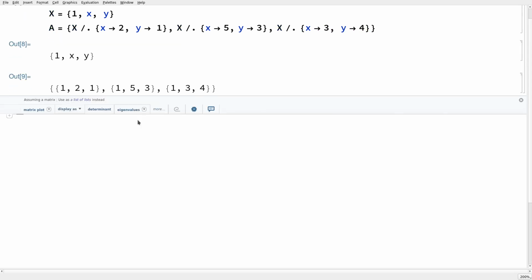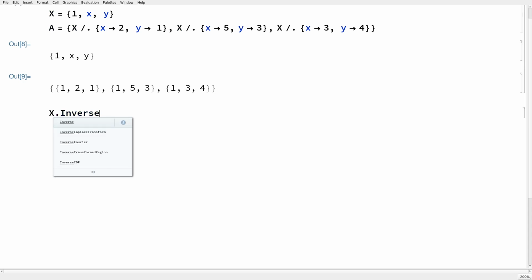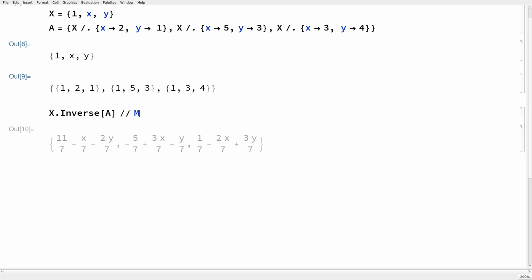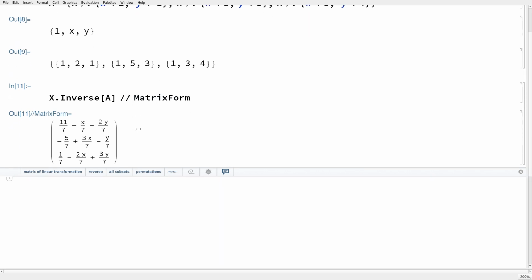So then we just have x times A inverse, and those are our shape functions for this element. So there's three nodes, there's 3 shape functions, and that's what they are for this particular problem.